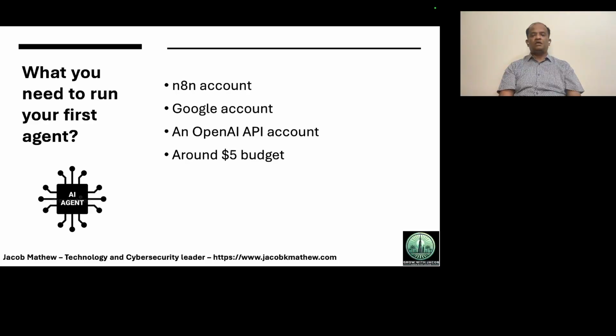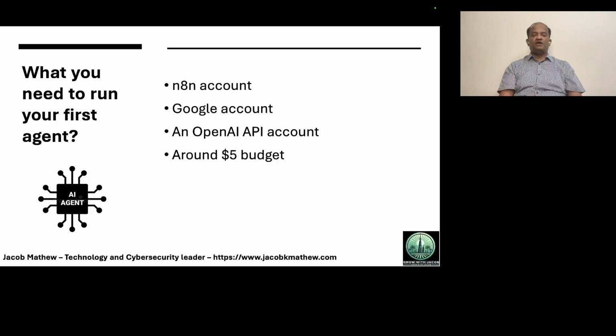The API account is not the normal account we run queries on. An API account is how we integrate our applications with OpenAI or with any other LLM. API stands for application program interface, which is covered earlier. So when we run a query, it integrates using this OpenAI account. And we need about $5 of our budget.